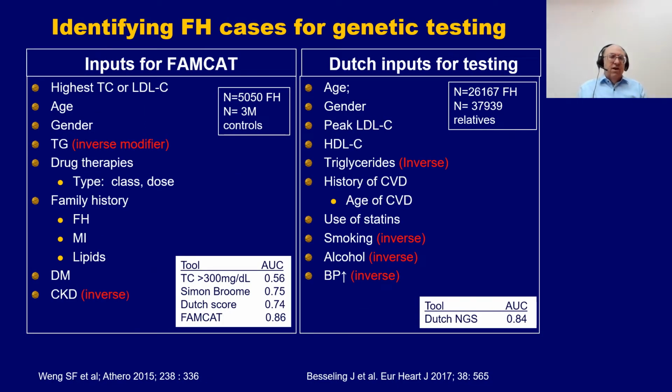Now, given those kinds of issues, the next idea has been, well, let's use large-scale databases to try and identify cases more systematically using the totality of the available data.